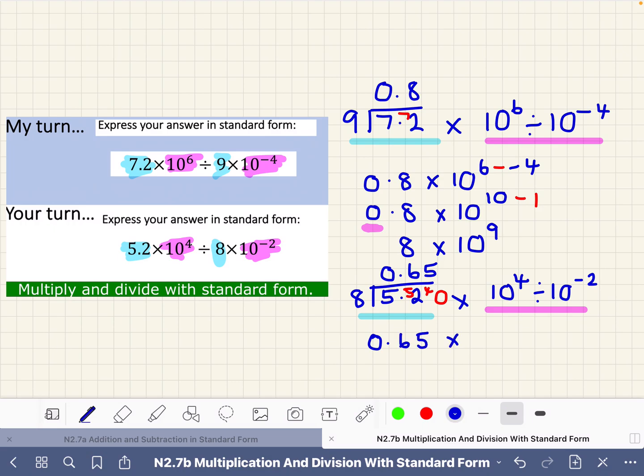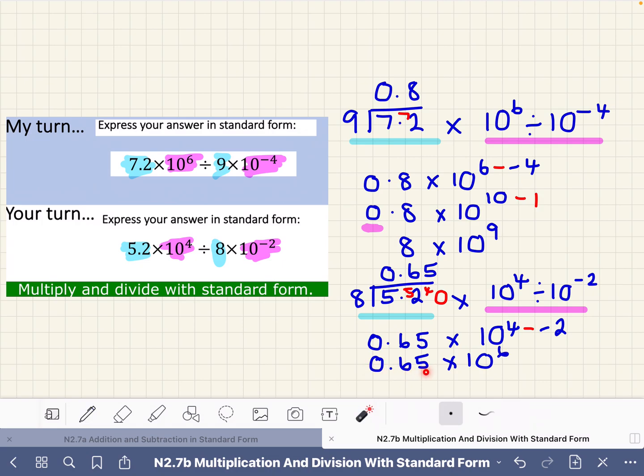0.65 multiplied by 10 to the power of 4, take away the minus 2. That gives us the 0.65 multiplied by 10. The double negative gives us a positive, giving us 4, add 2 is 6.